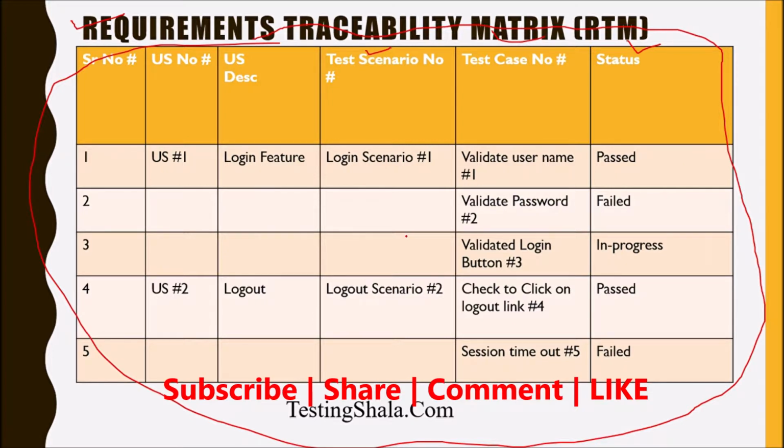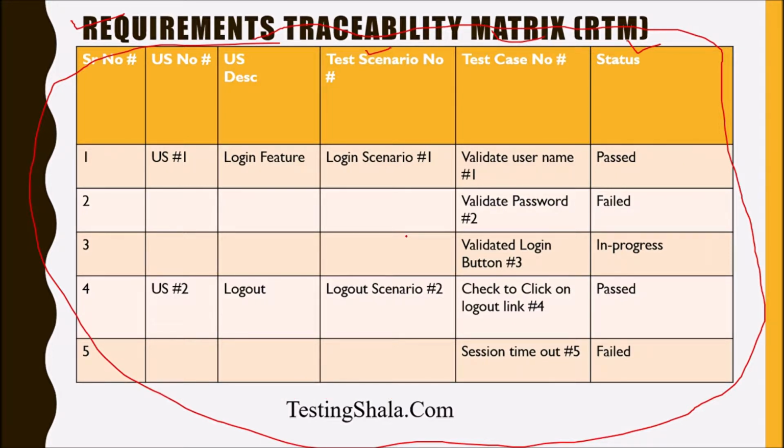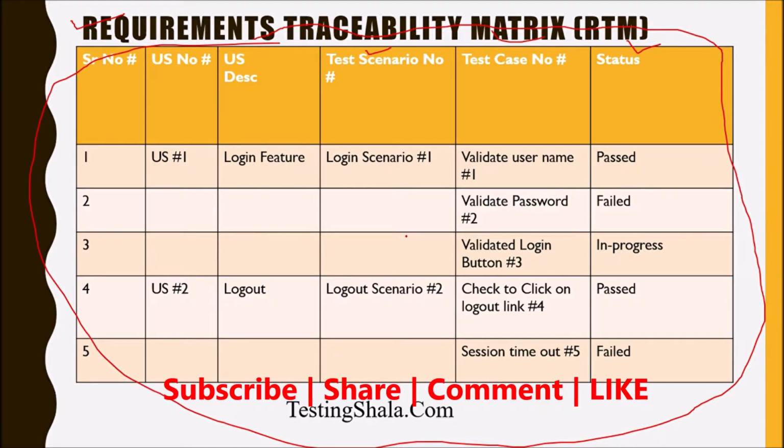Everything we can put in multiple columns to track complete test deliverables, how we deliver the product based on all the test deliverables. But I'm trying to make it as simple as possible for you to understand the overall concept of requirement traceability matrix.